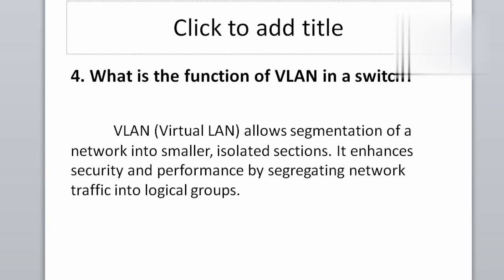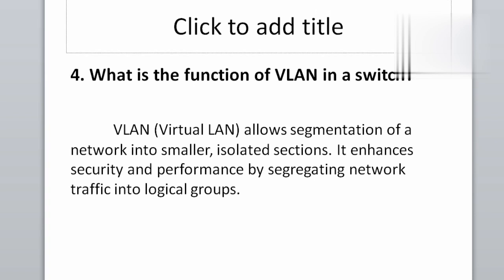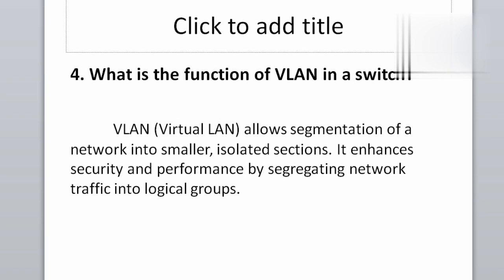Means suppose there are 100 PCs in our LAN, so it is difficult to handle that type of LAN network. So with the help of VLAN, we divide that network into small parts, like we separate the HR department, management department, and account department.